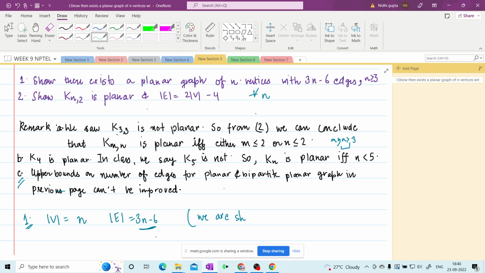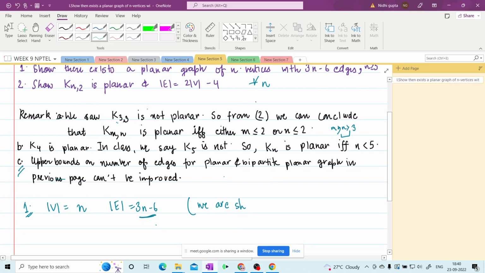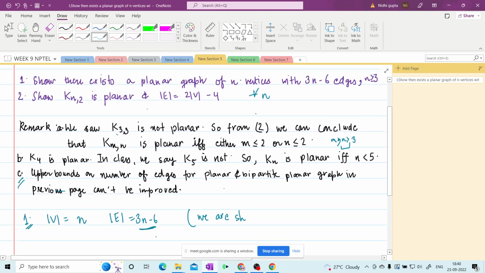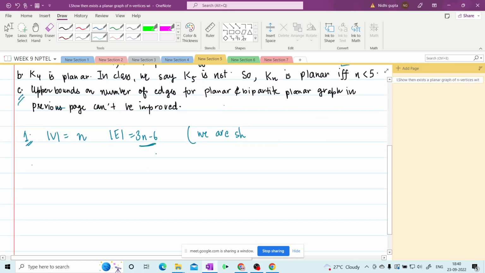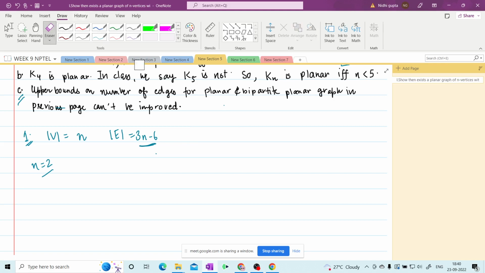So now let's solve first the problems which will imply these remarks. First we have to show the existence of a planar graph of n vertices with 3n minus 6 edges. n should be greater than or equal to 3.